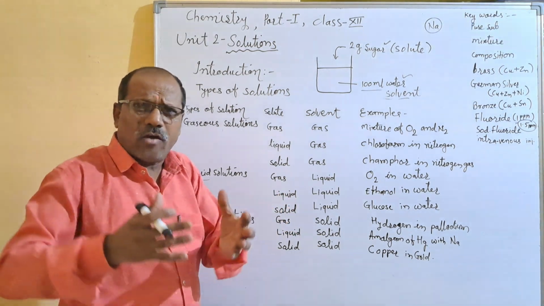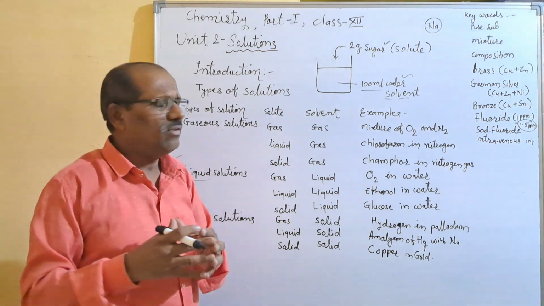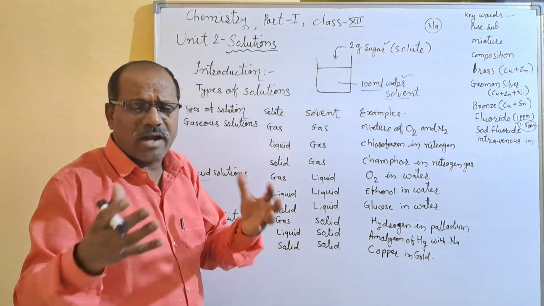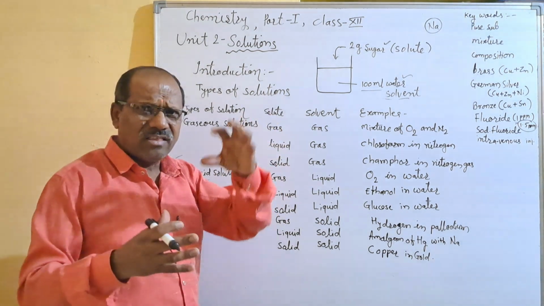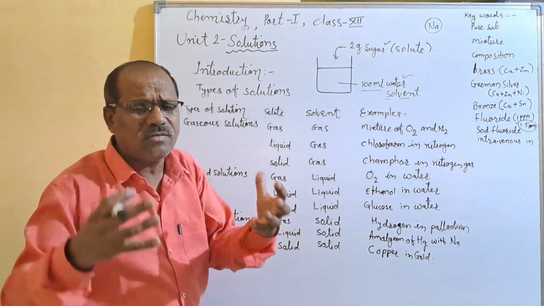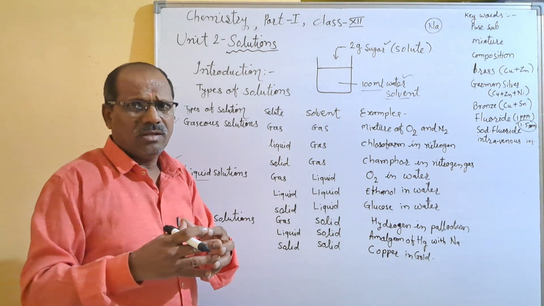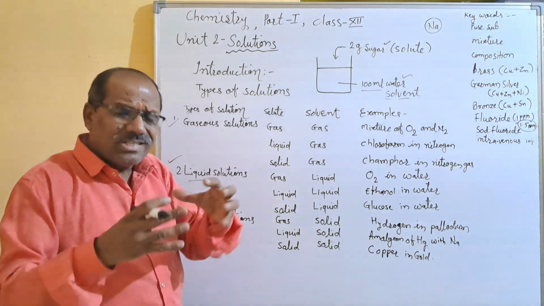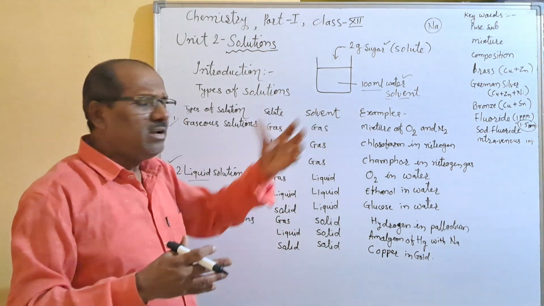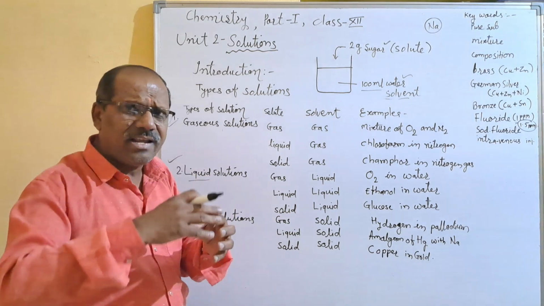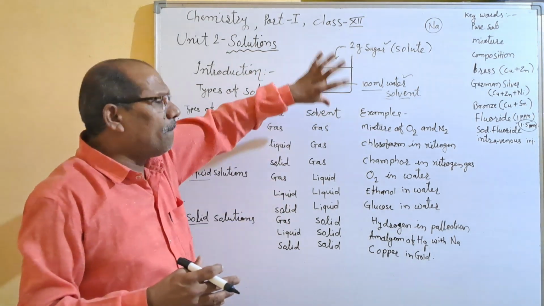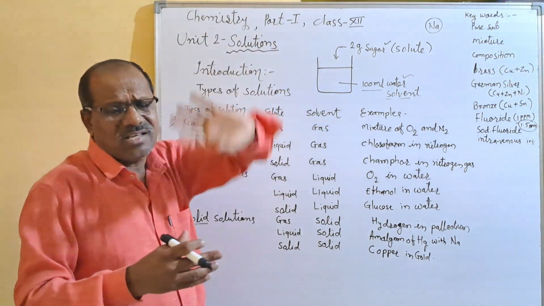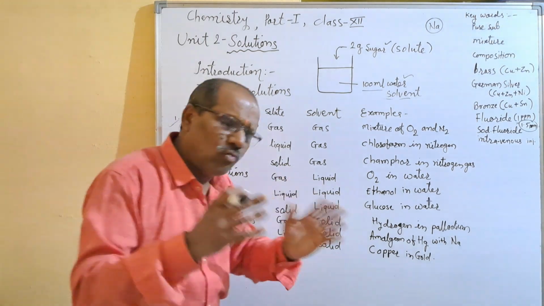Solutions are mixtures of two or more substances, but the substance in larger quantity acts as the solvent, and the substance in lesser quantity acts as the solute. Such a combination of two or more substances is a solution.